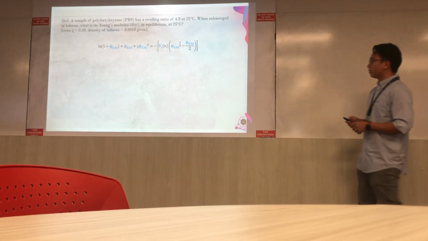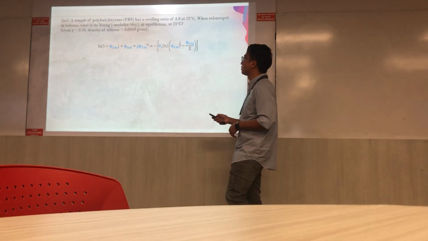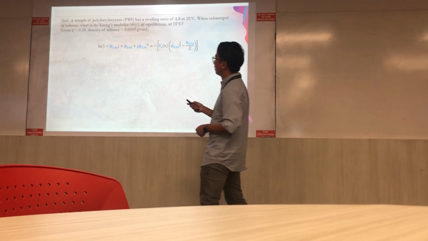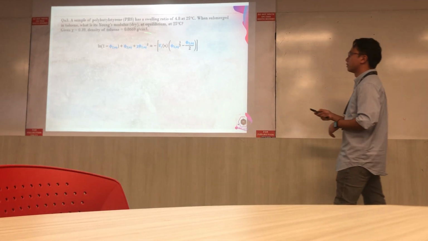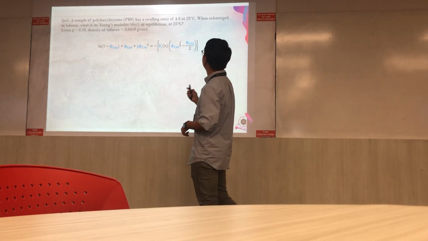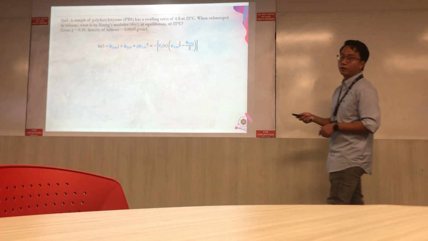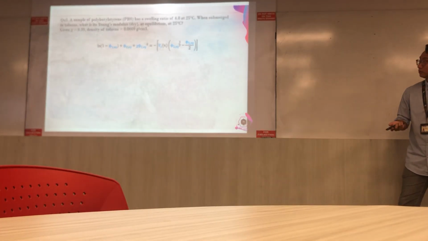Okay? So let's look at one of the questions using this. Alright, so you are given polybutylstyrene, swelling ratio, toluene, so what's the modulus? Okay? So number one, what are the things you have? First thing I have is a swelling ratio. The moment you have the swelling ratio, you can find the volume fraction. Okay?